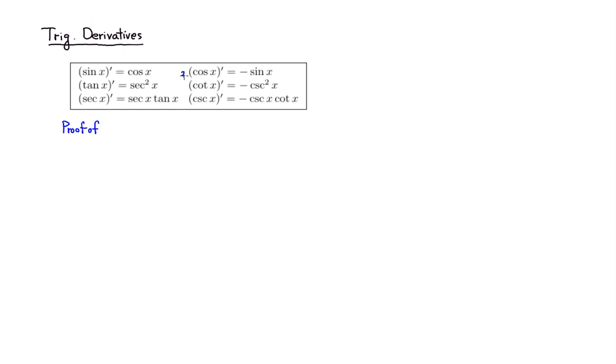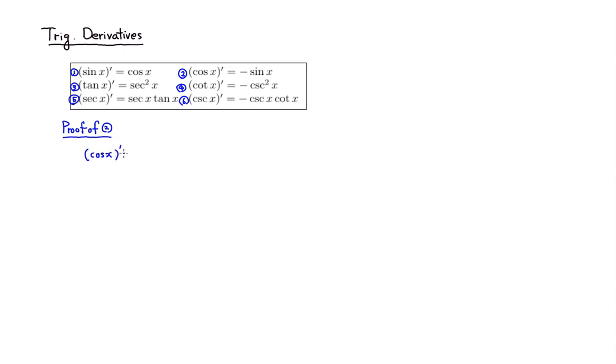I'm going to number these: number 1, 2, 3, 4, 5, and 6. So the proof of number 2: we want to find the derivative of cosine of x.